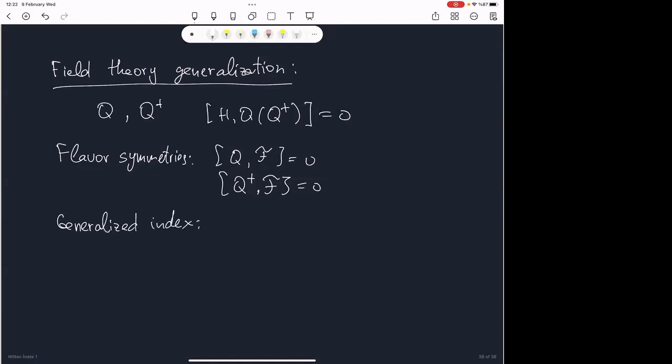Now we have the trace of (-1)^F, the fermion number operator, with e to the minus beta H. This is in quantum mechanics. But in the case of supersymmetric gauge theories, it's not just H, because the anticommutator of Q and Q Dagger could give something else.